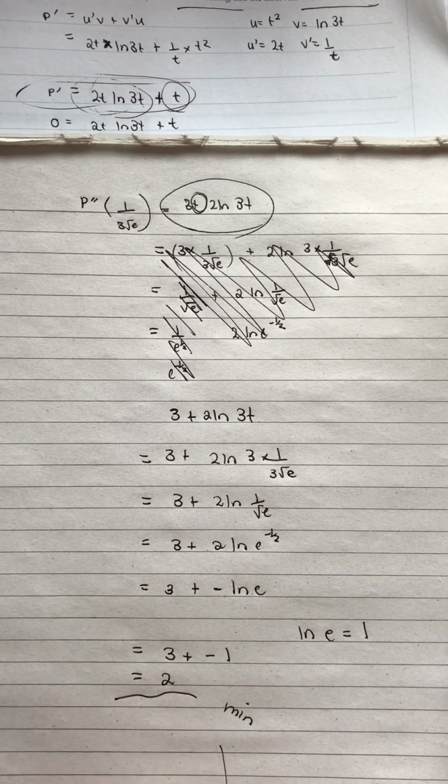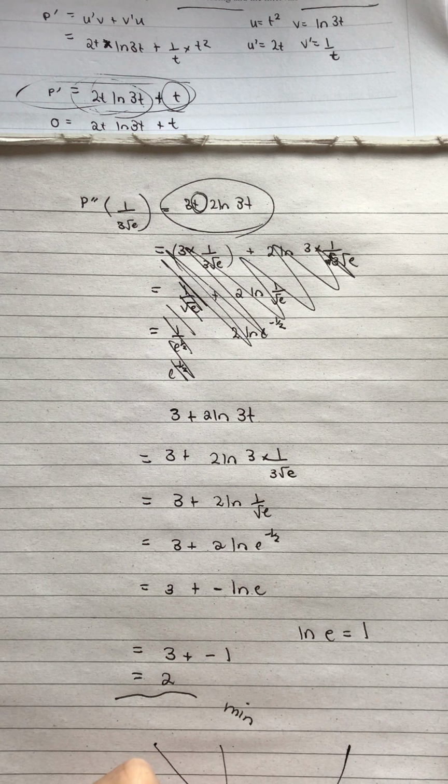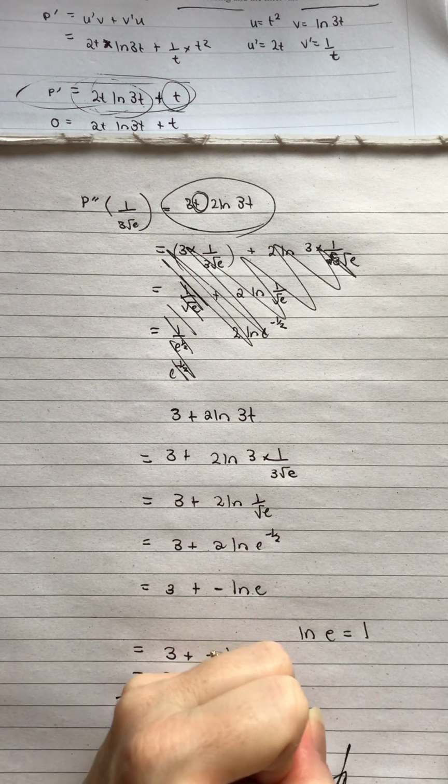If I've got a rough sketch, very rough here, I know that my 1 on 3 root e is my stationary point there. I know that this part here is increasing, and this part is decreasing, and here it's increasing.